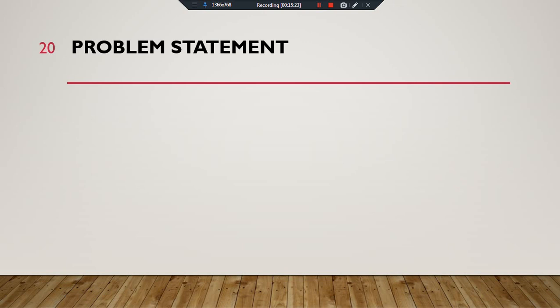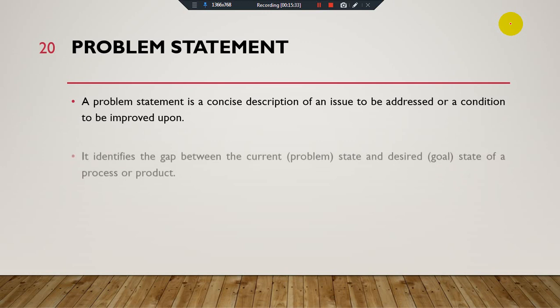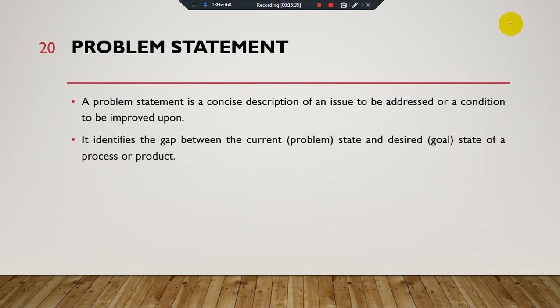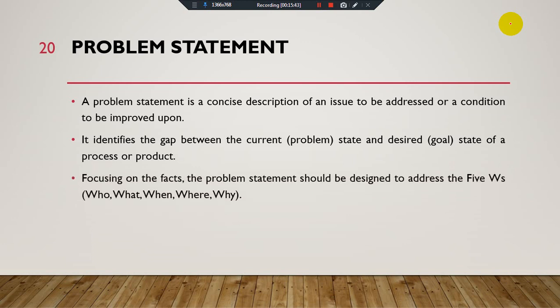Then we have the problem statement. A problem statement is a concise description of an issue to be addressed or a condition to be improved upon. It identifies the gap between the current state and desired state of a process or product, focusing on the fact that the problem statement should be designed to address the 5 W's: who, what, when, where and why.